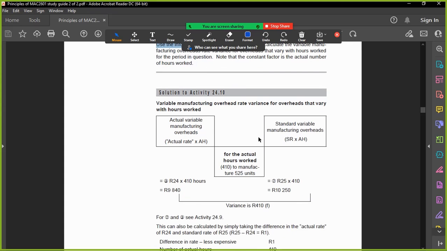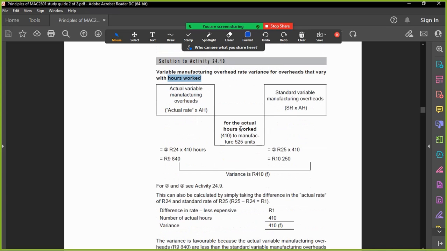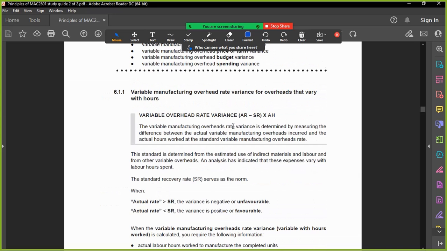They're just looking at what here? Variable manufacturing overhead rate variance. Here they're looking at the rate variance for overheads that vary with the hours worked. See, here they're looking at the hours instead of the units. This one was units here.